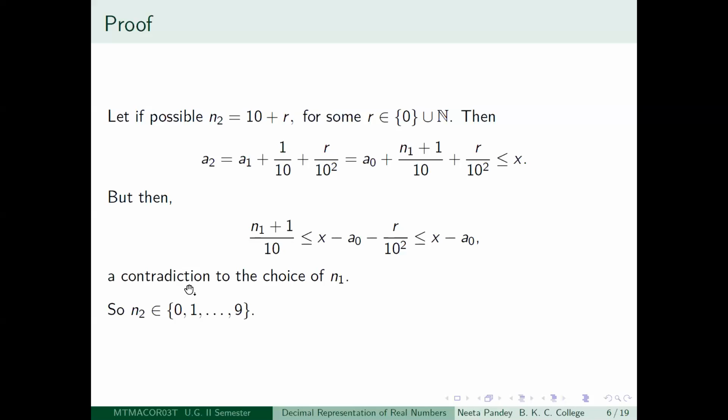So you arrive at a contradiction to the choice of n1. This contradiction is because of your assumption, therefore this statement is false. That is, n2 cannot be an integer greater than 9. So the values of n2 have to be any one of 0, 1, 2, etc., till 9.